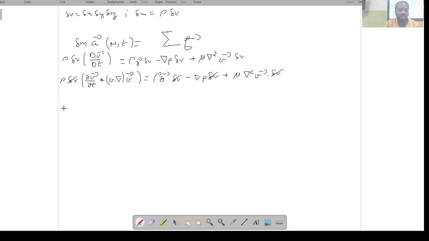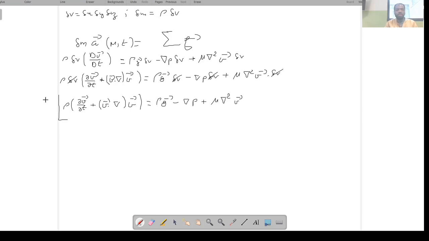So the equation becomes rho times partial V over partial t plus V dot nabla V equals rho g minus nabla p plus mu nabla squared V.